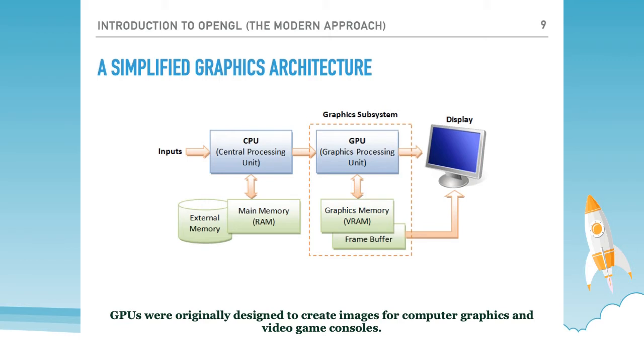GPUs were originally designed to create images for computer graphics and video game consoles. But since the early 2010s, GPUs can be used to accelerate calculations involving massive amounts of data.